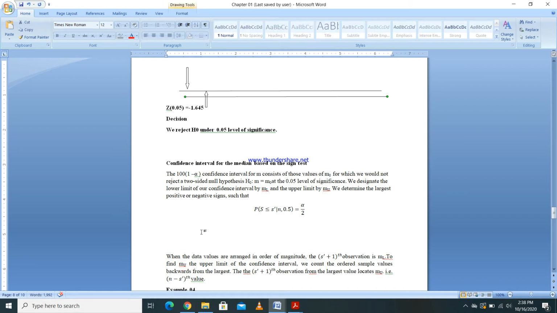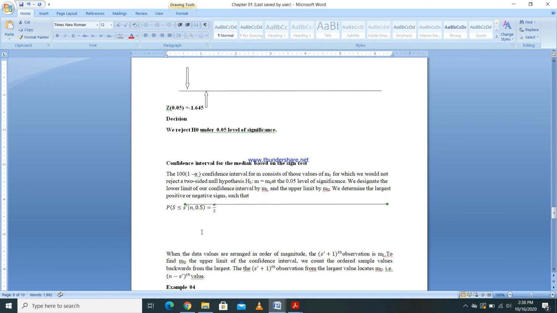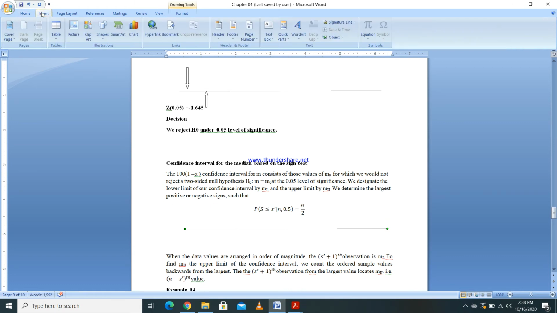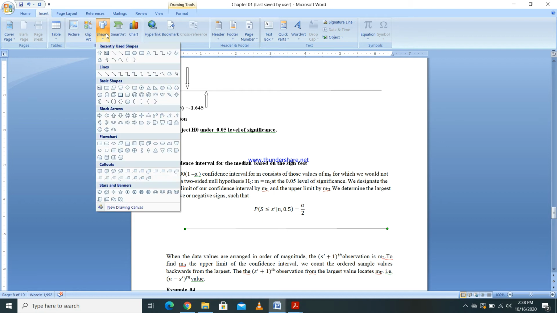When you take the binomial distribution, if I just draw the number line of the binomial distribution like this, we are going to find two limits, one from either side.